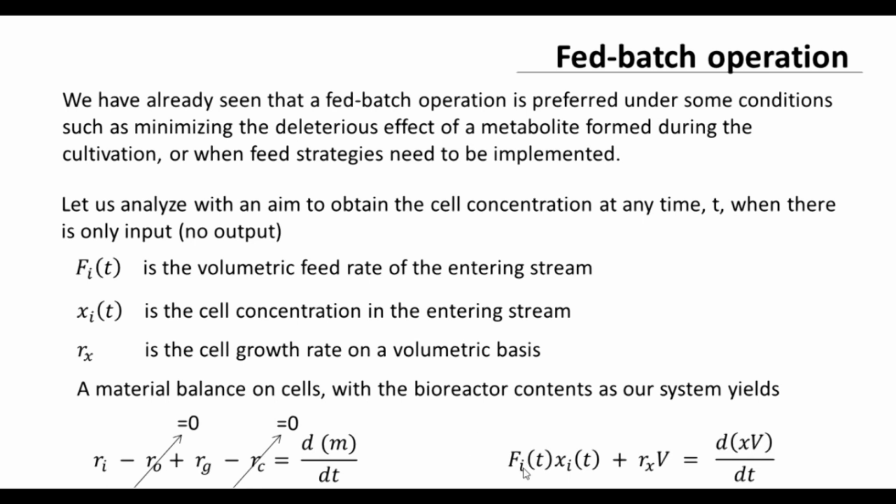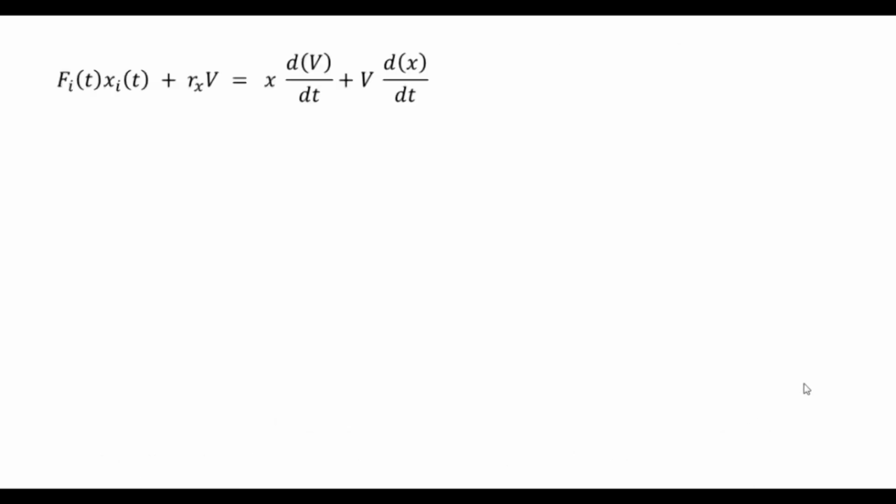Ri is nothing but Fi as a function of t times Xi as a function of t, and Rg is nothing but Rx times V. You can check your previous lecture notes to see that this is indeed the case, equals d/dt of xV, since mass is nothing but cell concentration times volume. Now we no longer have that niceness of something being constant. All the terms are there. So Fi(t) Xi(t), first term, plus Rx times V. Here V is not a constant, right?